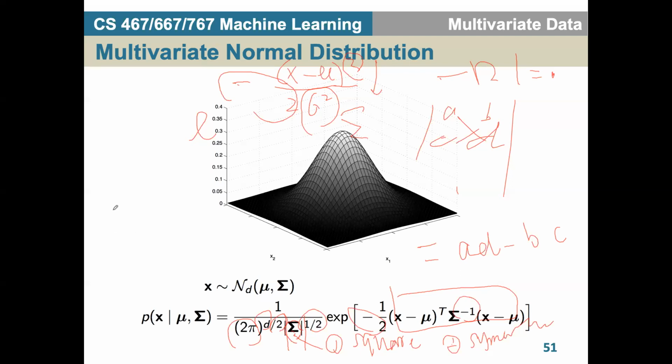Inverse means if you multiply this by its inverse, it's equal to the identity matrix, right? So in the special case of one dimension, the product is equal to 1. Of course here we have the square. I'm just illustrating the concept. So the one-dimensional case is a special case of this multivariate one.